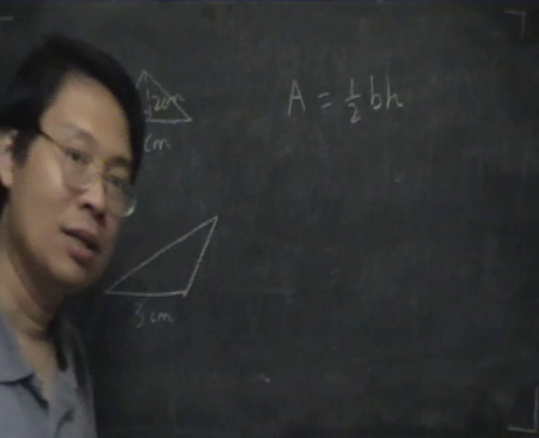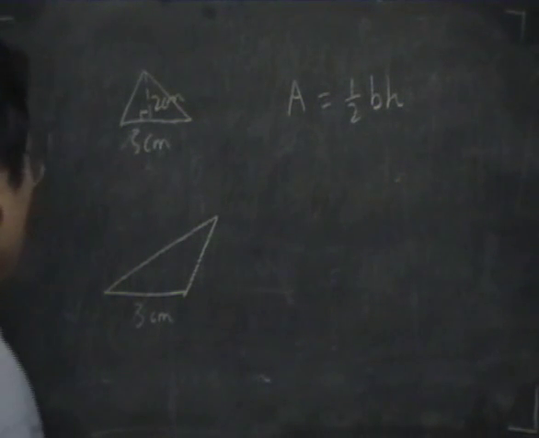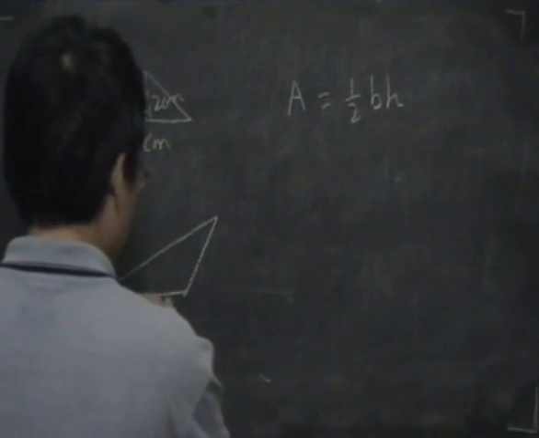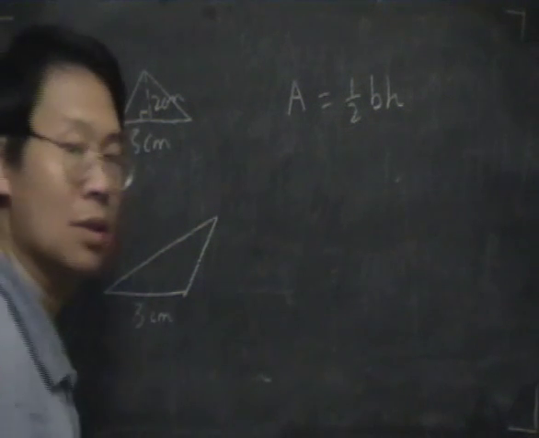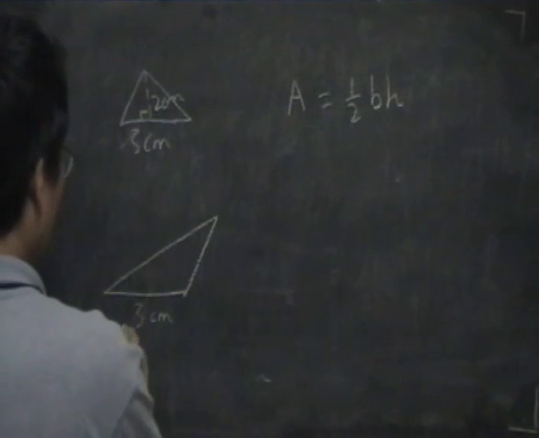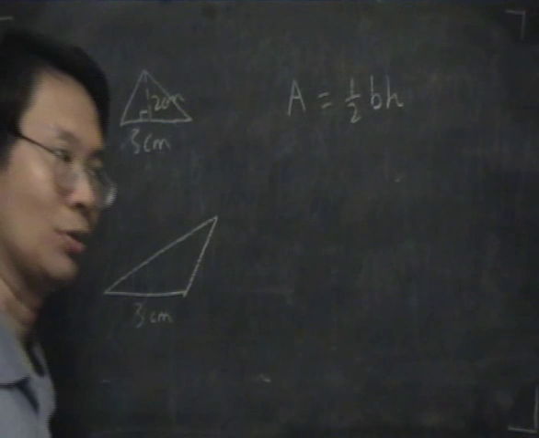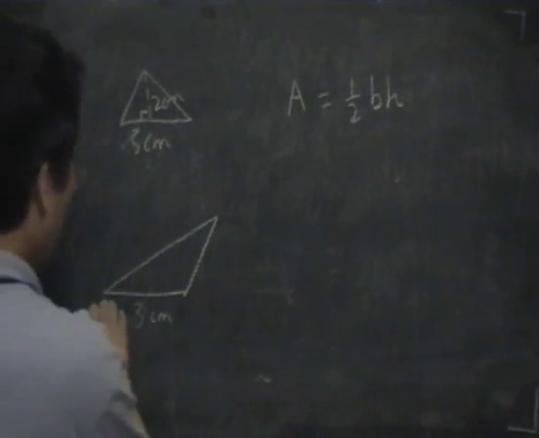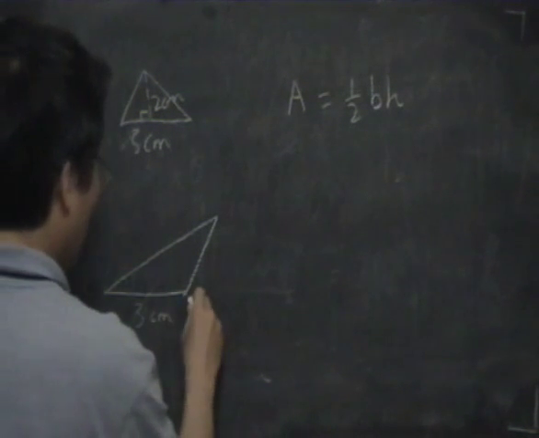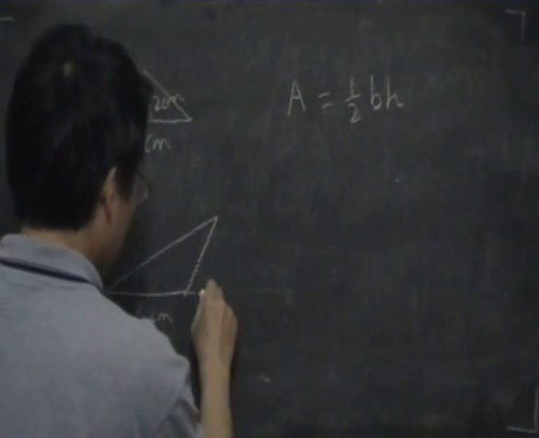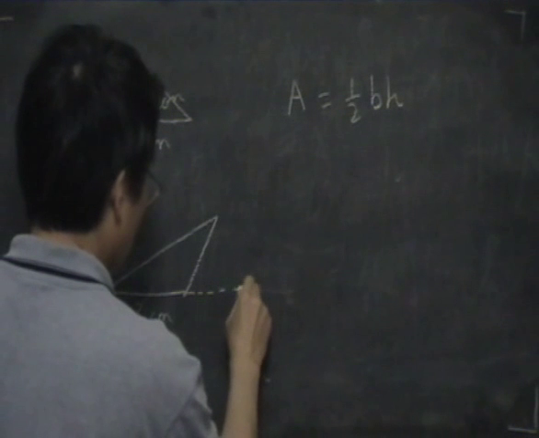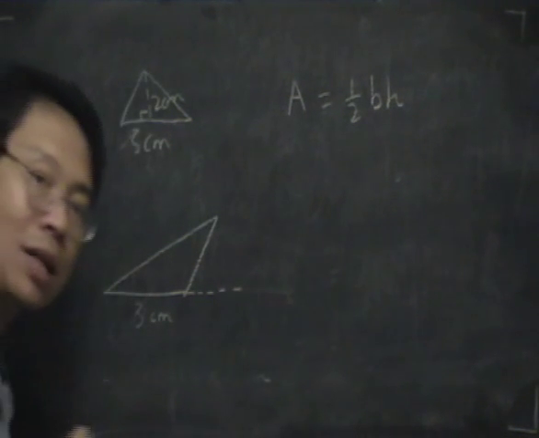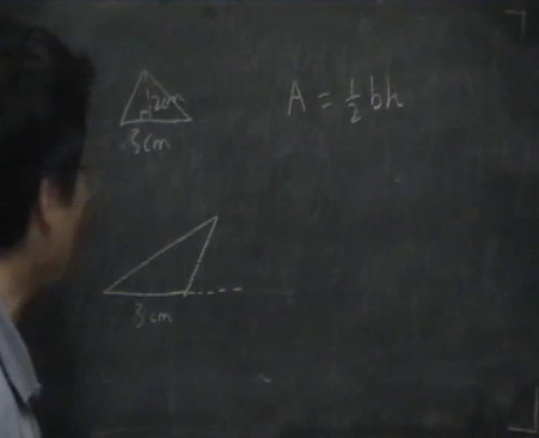Now the way around this is to extend the base. Meaning, I don't mean making the base longer, but I mean going to the base, the 3 cm, and drawing a line, making the line longer along the base.